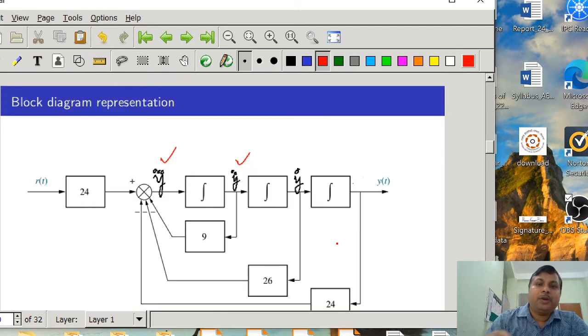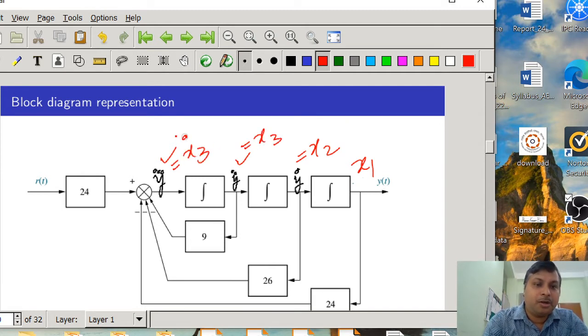And the next step, you can define the state variables, and the obvious choice of the state variables will be the outputs of the integrators. So if we assume that this is x1 and this is x2 and this is x3, and definitely this is representing x3 dot, then you can find out the state equations from this block diagram.